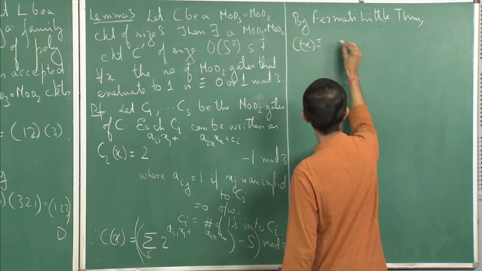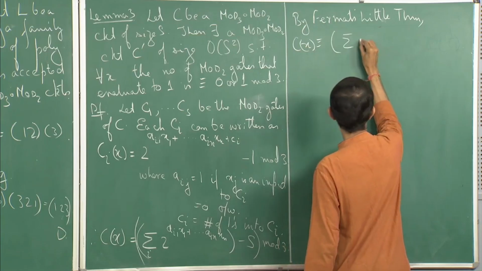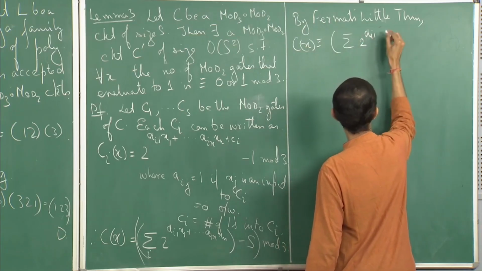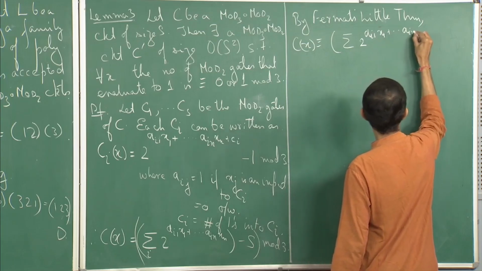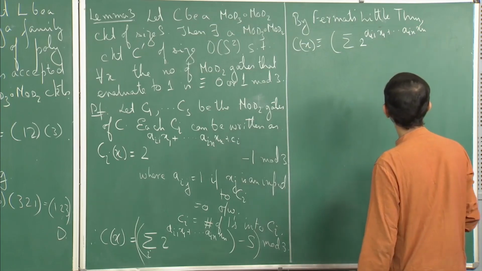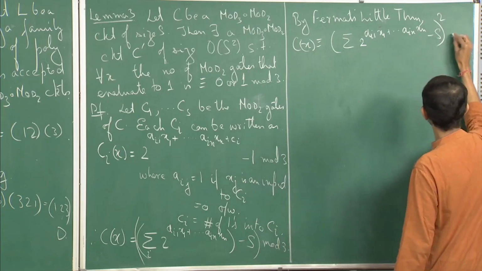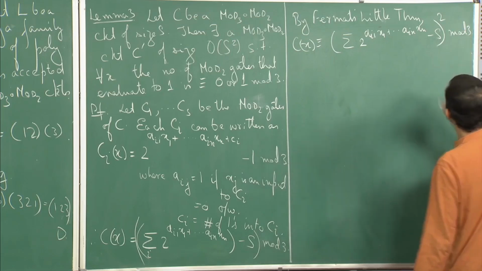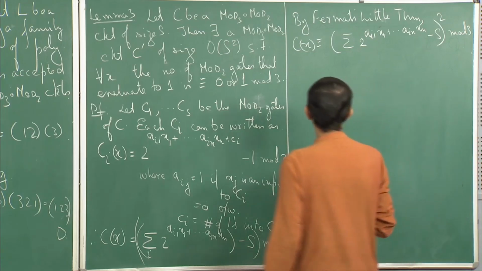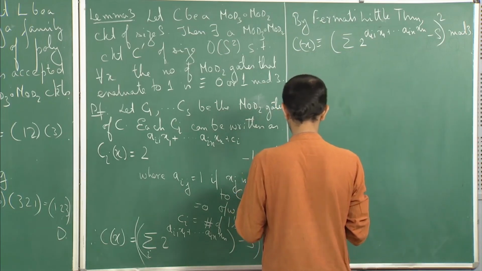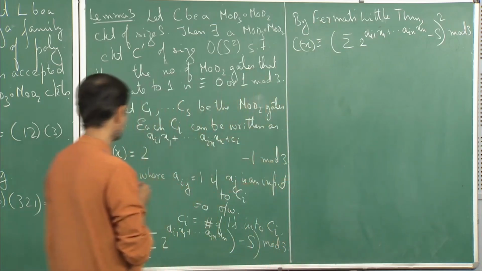Or C of x is congruent to sigma 2 to the power a_i1 x1 ... a_in xn minus S whole square mod 3, and right.